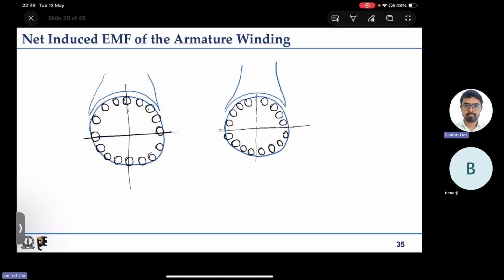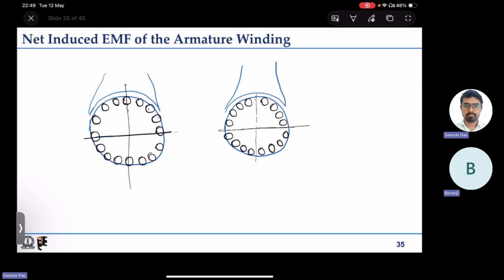Their voltage contribution is very low. So even if they are shorted, there is no significant difference in the induced EMF. That is the point. Okay, sir, got it.